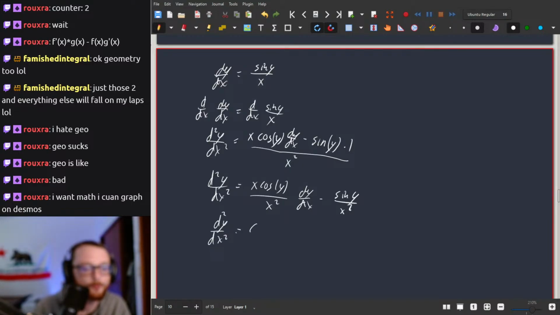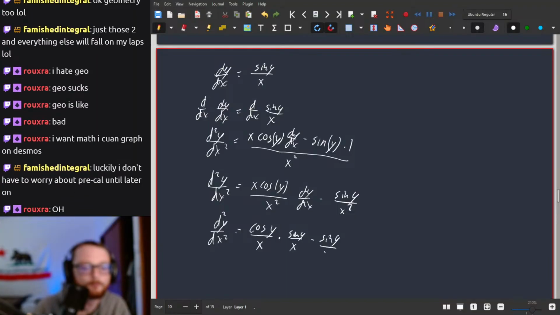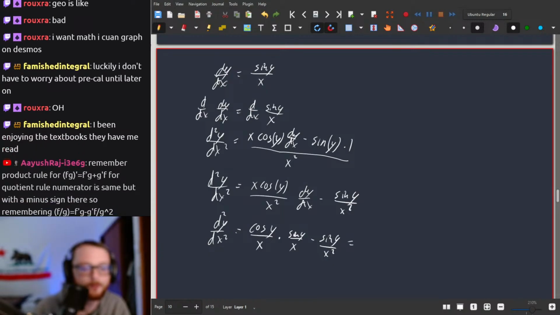So I'm going to substitute that. Yeah, so that's the one trick that you might want to know with second derivatives here. You might end up with a dy by dx, and it's good practice to try and get rid of it.